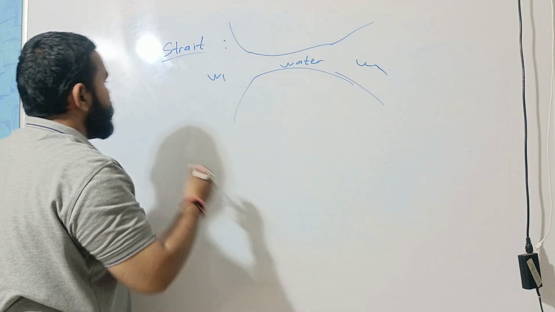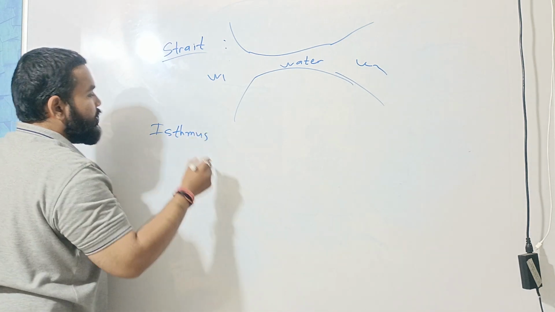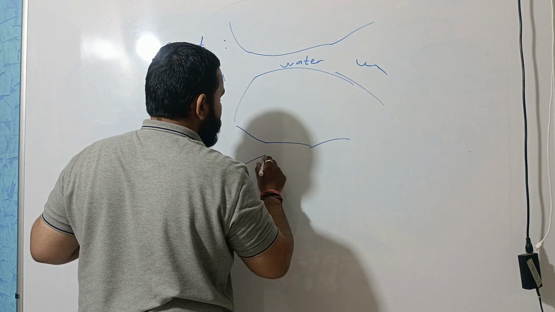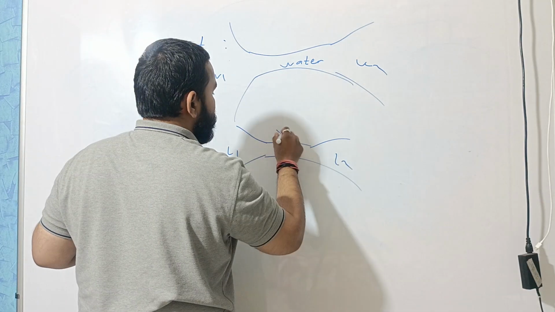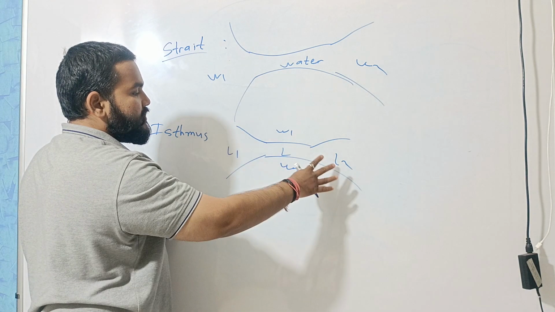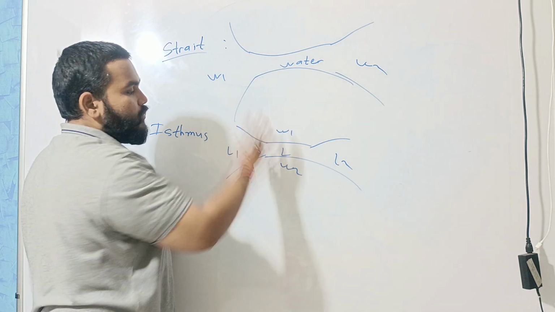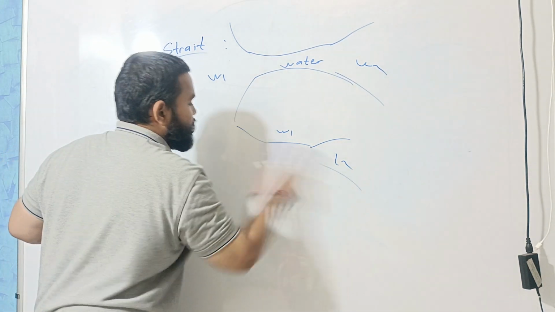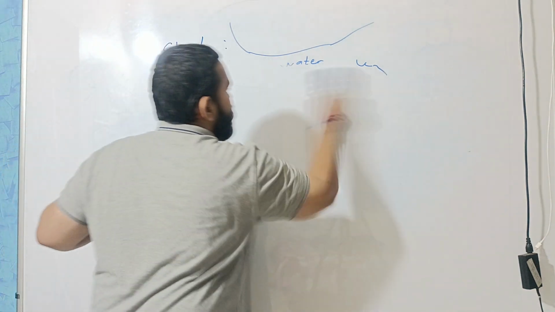And what is an isthmus? An isthmus is a landmass which connects two landmasses, or a landmass which separates two water bodies. I'm speeding up because these are very fundamental concepts.